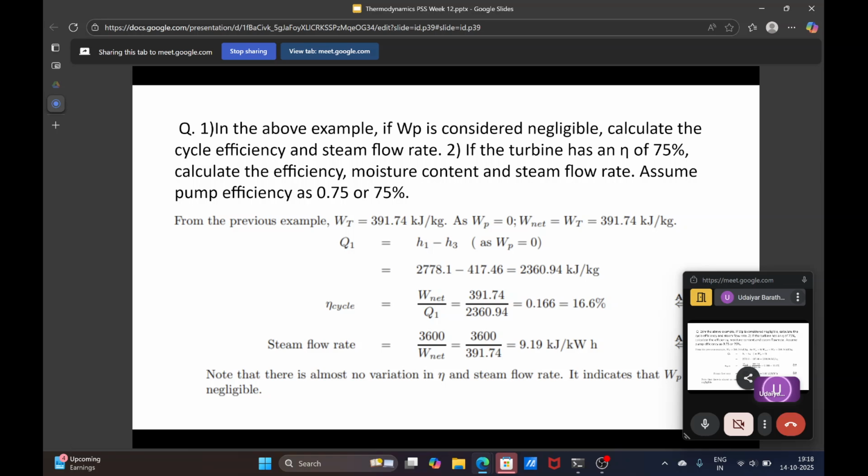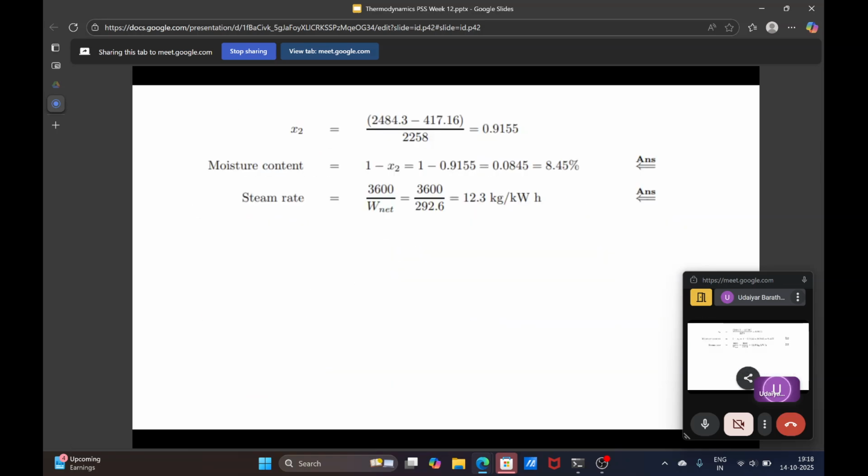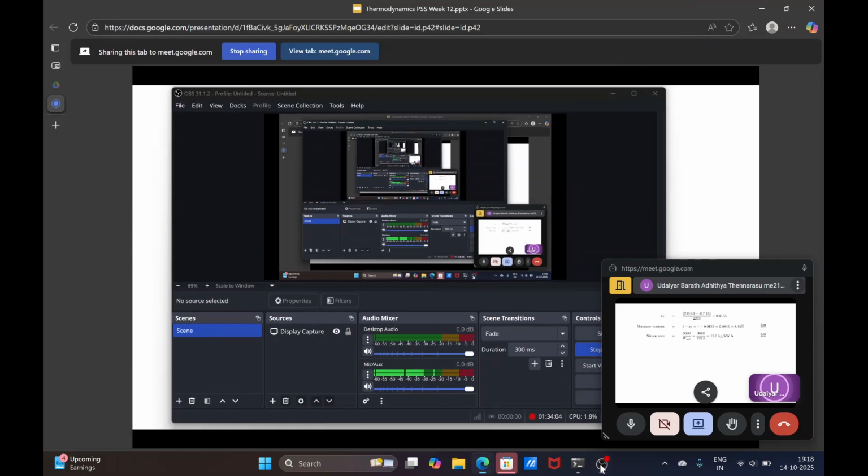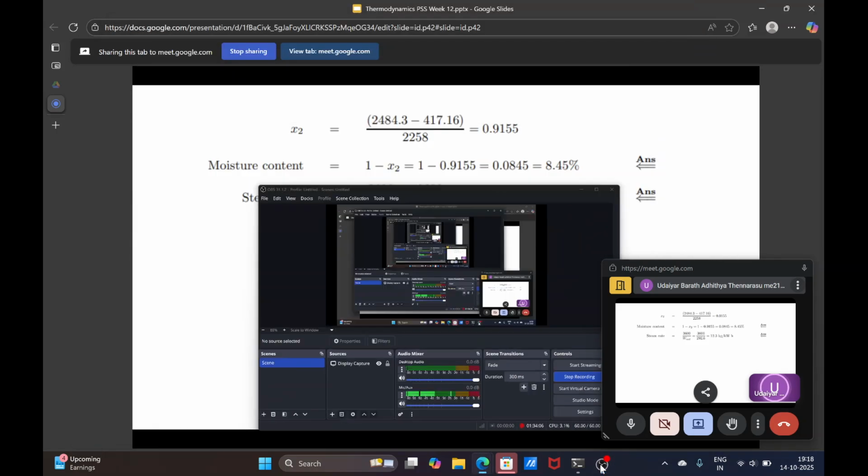So with that, I think I have finished the problems on Brayton and Rankine cycles. We have some more problems on the vapor compression cycle, which we'll see on Thursday in a review class.